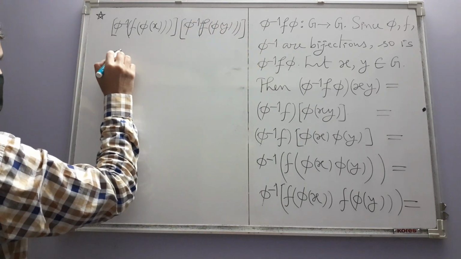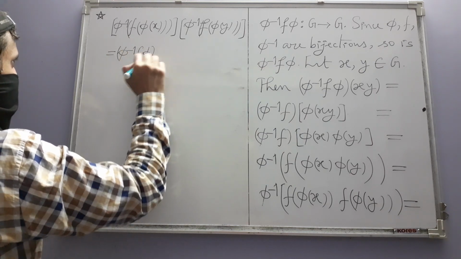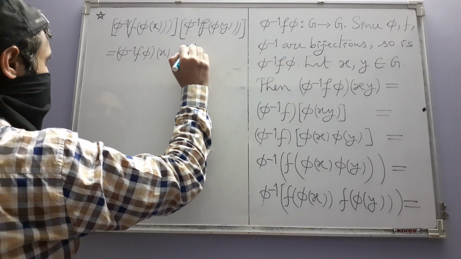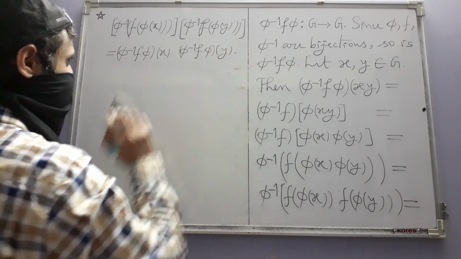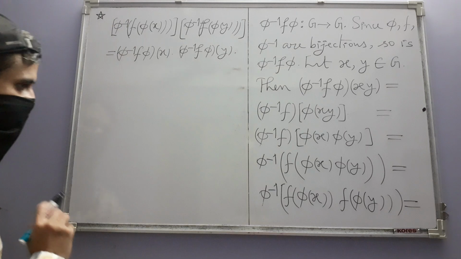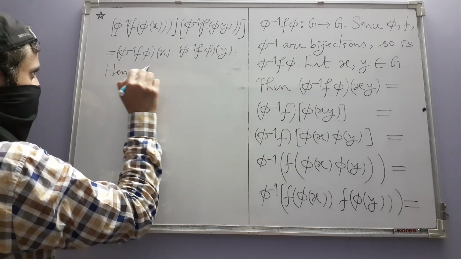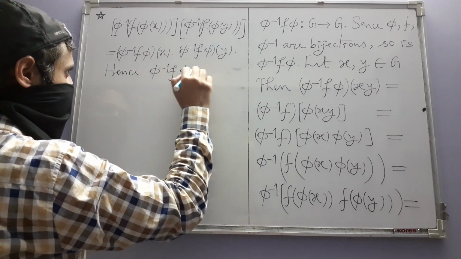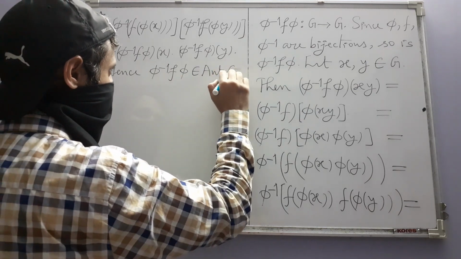But then that is just simply this composition evaluated at x times that same composition evaluated at y. So that's it. It's a bijection, and it also satisfies this property. Hence, phi inverse f phi is in fact an automorphism of G.